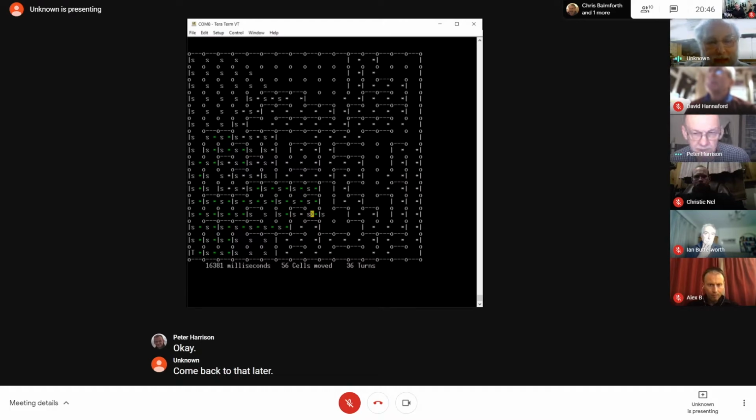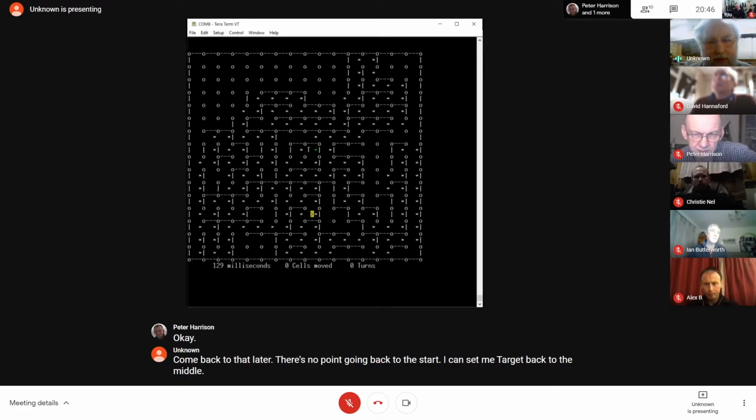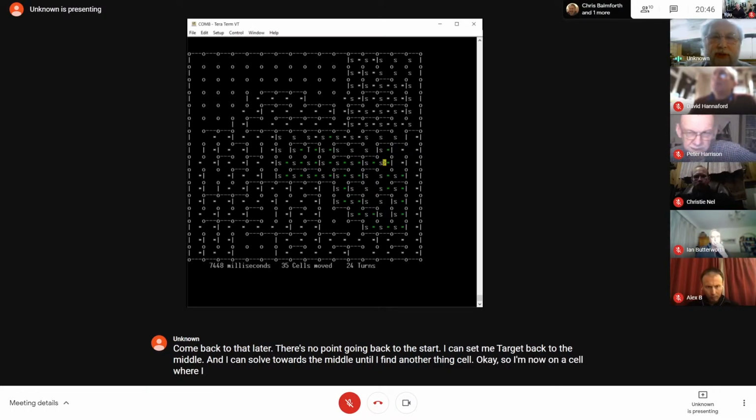So there's no point going back to the start. I can set my target back to the middle, and I can solve towards the middle until I find another found cell. Okay, so I'm now on a cell where I know the shortest route, or a shortest route, to the middle.